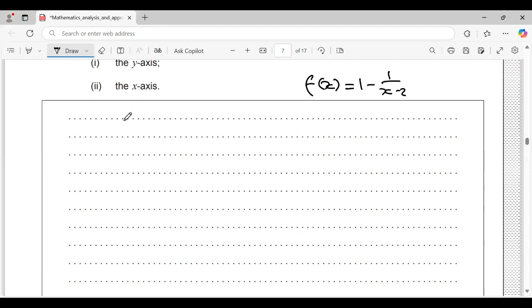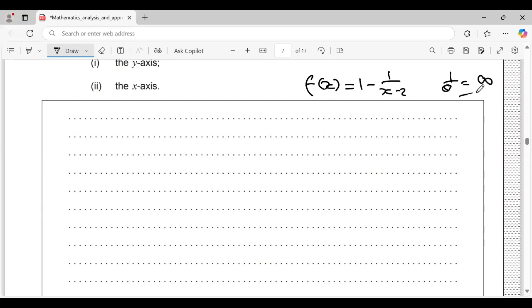To find the vertical asymptote, we look for the values of x that make the denominator of the fraction go to 0. Why? Because division by 0 leads to undefined. So 1 divided by 0 is undefined.